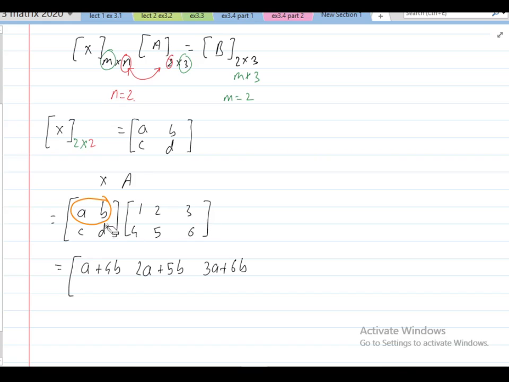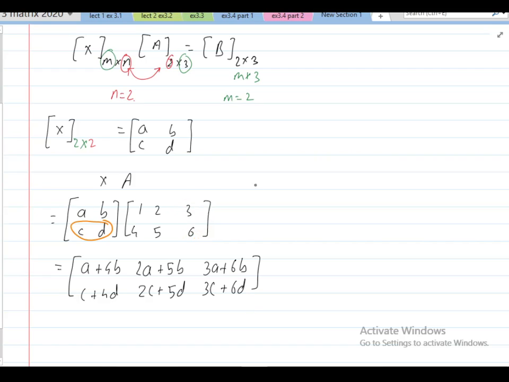Now let's move to the second row. Second row, first column: C plus 4D. Then 2C plus 5D. And finally 3C plus 6D.